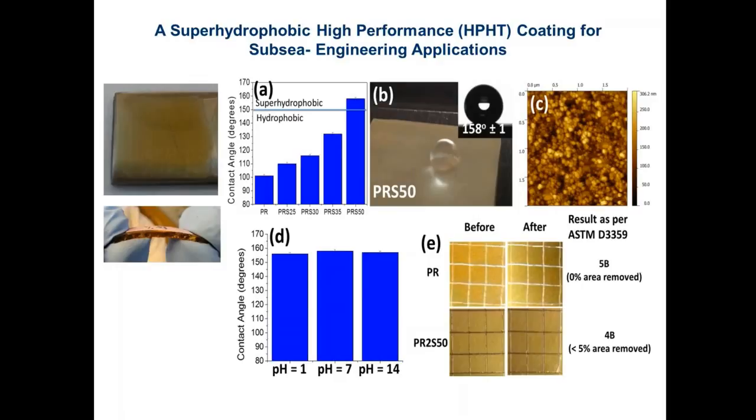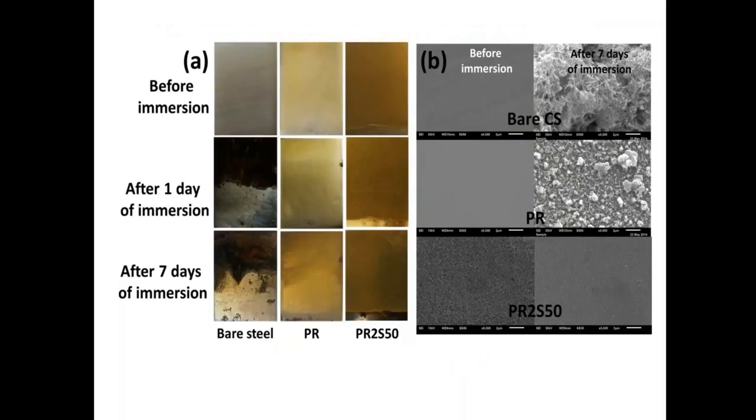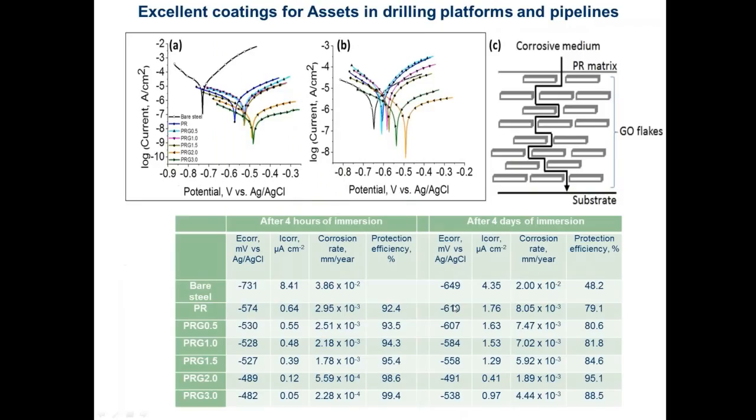And right now, we're interested in some of their abrasion properties. Here you can see their morphology even after immersion, by optical microscopy and SEM. There are no corrodants, or very little corrodants, adhered to the surface of the coating even after 7 days.